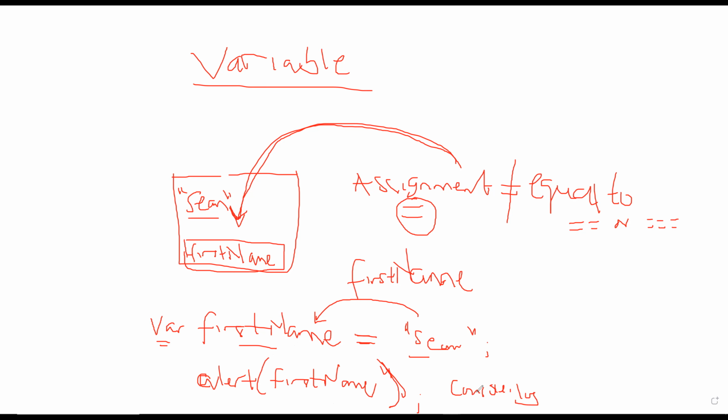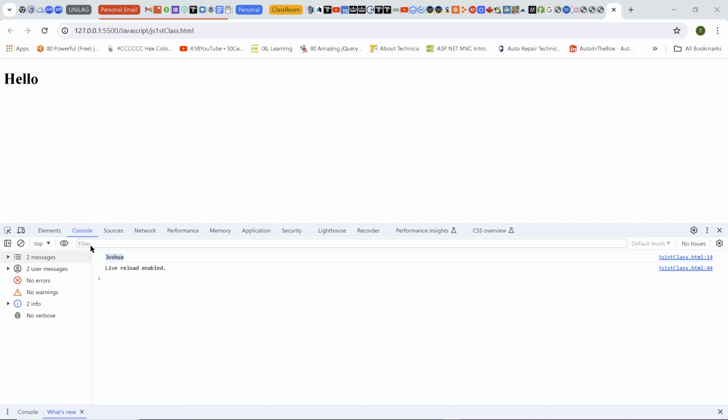Let's quickly demonstrate this, because like I said, I'm going to close with this. If I go back to the code, I'm going to use my browser here to demonstrate.